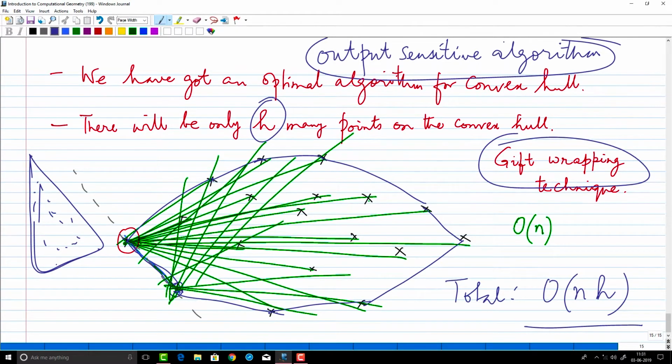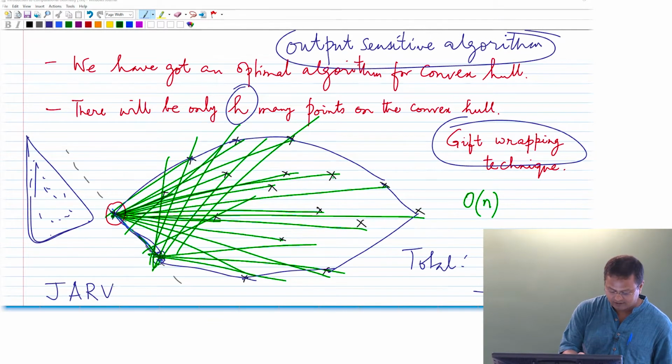Okay. And this algorithm has a name to it, good. Who said? Yes, good. This is known as Jarvis March.